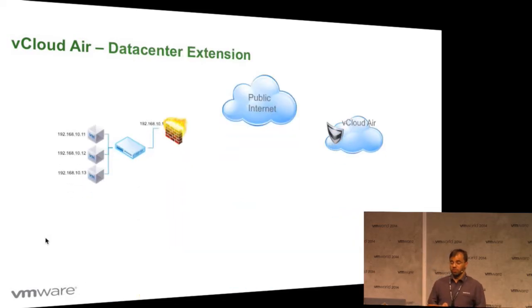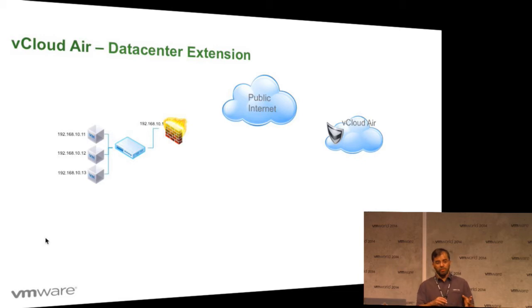The fourth option that we discussed before will be a data center extension. This will allow us to migrate the virtual machine, the workload, and the network that we have on-prem associated with that virtual machine. This will require a little bit more configuration.